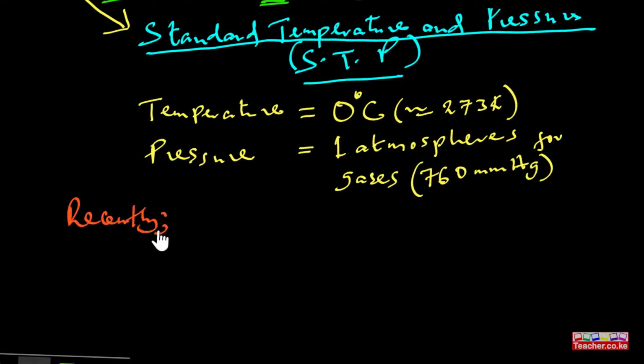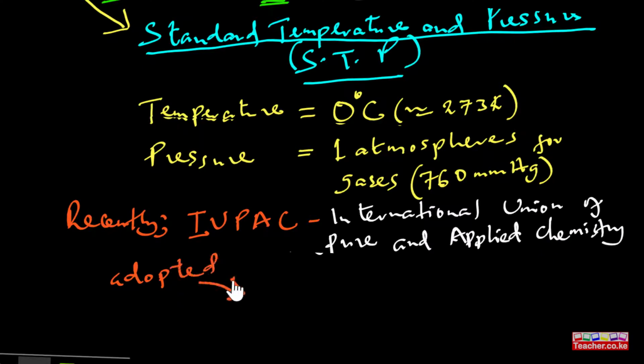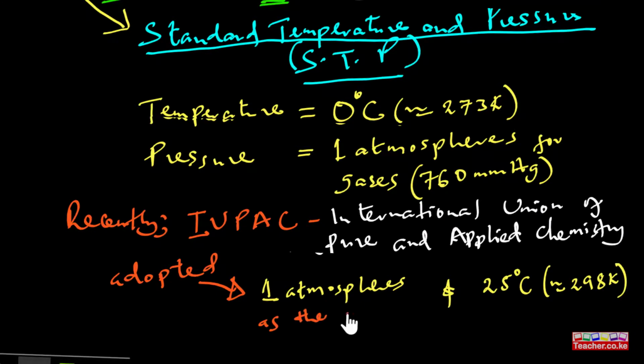But in recent times, IUPAC, that is the International Union of Pure and Applied Chemistry, adopted new standard conditions. These conditions are 1 atmosphere and 25 degrees Celsius. So 1 atmosphere for pressure and 25 degrees Celsius for temperature.